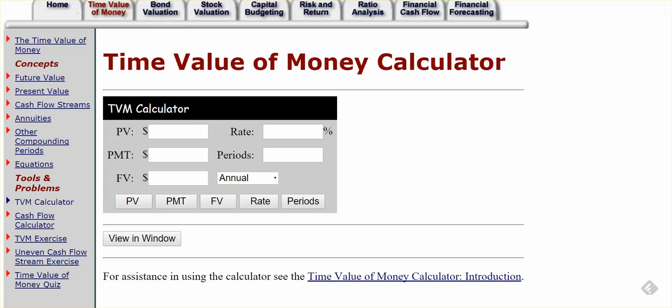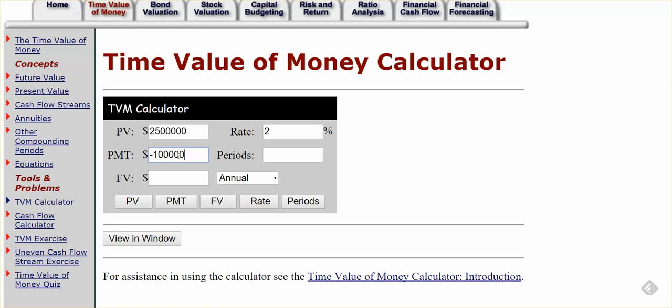For the fourth problem, I'm trying to figure out how long my money will last. So I've saved $2.5 million, so that's my present value, and it's earning 2% annually. I'm taking out 100,000 a year.